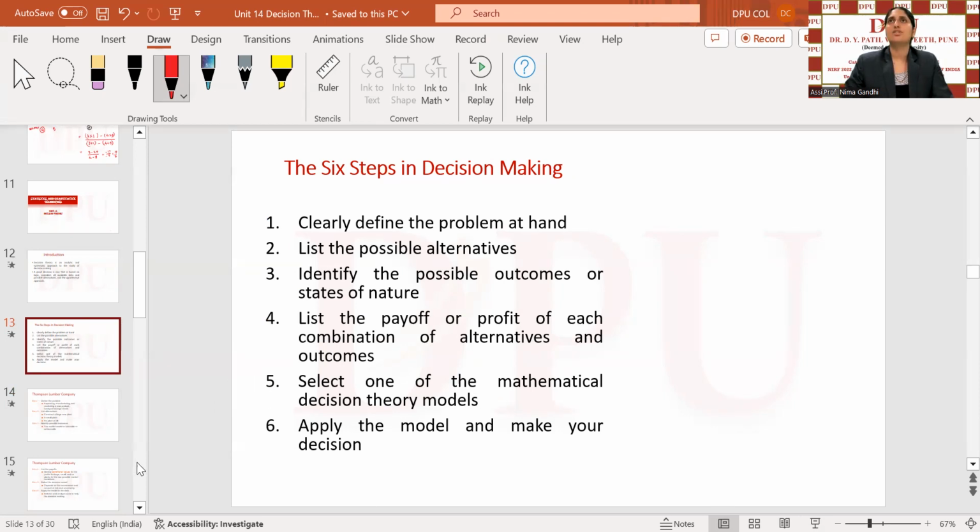So your decision will change as per the different models you use. So it's up to you; which model you're choosing decides what your outcome will be. Okay, so you are using that model and making your decision.